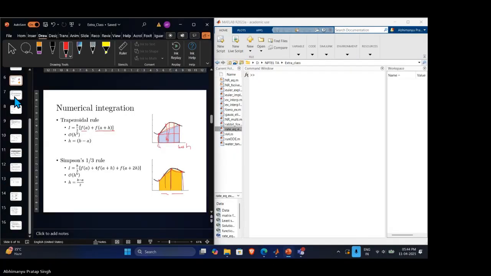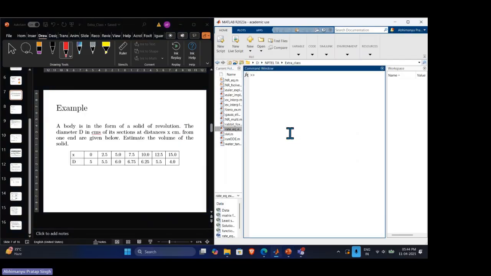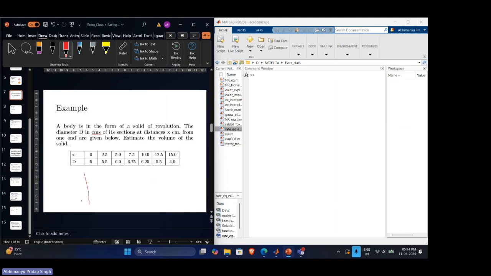We can simply try to solve the problem that I have selected over here. So we can try to find the area, volume of the body connecting these 7 points. So basically at x equal to 0, d is 5, then 5.5, then 6, then 6.75, then 6.25, 5.5, and 4.